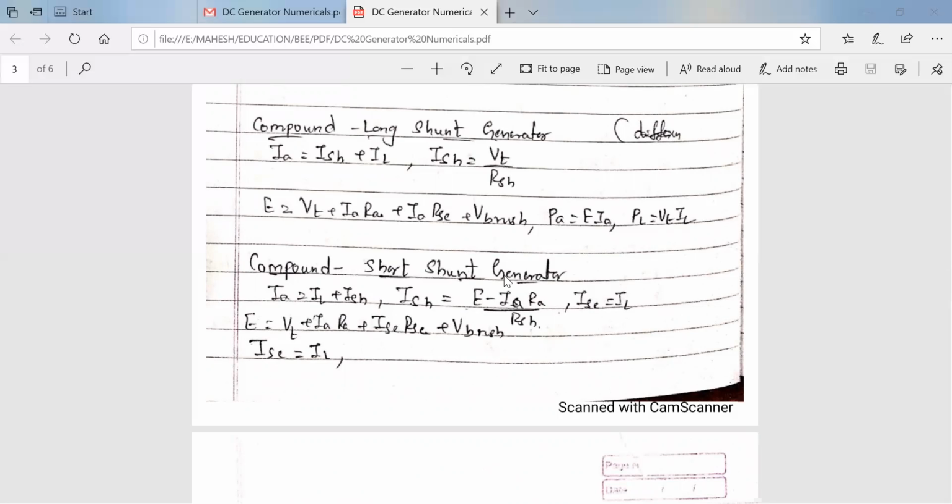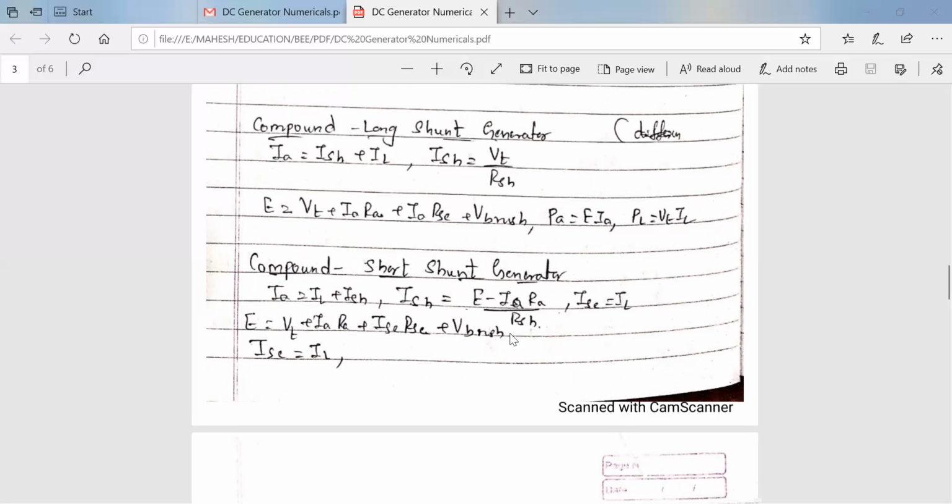Therefore, the shunt current is given by EMF generated minus Ia into Ra, that is the voltage drop across the armature, divided by RSH. So don't get confused. ISH equals Vt by RSH for the long shunt generator, whereas for short shunt, ISH equals E minus Ia into Ra divided by RSH.